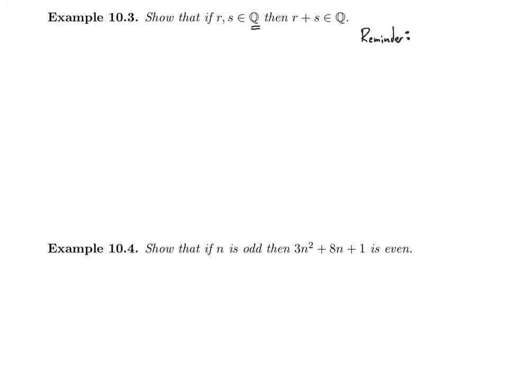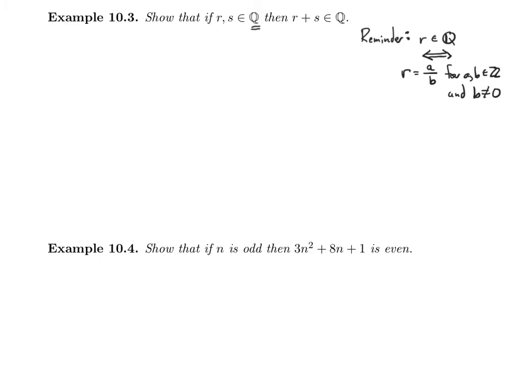Remember that if we have a number r, it is indeed a rational number exactly when, if and only if, we can write r as some fraction a over b, where a and b are whatever integers that we like, and b can't be 0. So remember, rational numbers can be written as an integer over a non-zero integer. That's kind of the key for this.